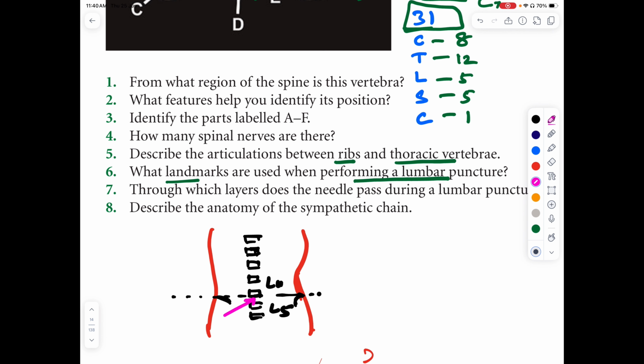Then the needle should pass through the layers, first the skin, then subcutaneous tissue. If you see the back, and the vertebrae like this, one vertebra, another vertebra, you get a spine behind. The ligaments are supraspinous and interspinous. So you go from outside.